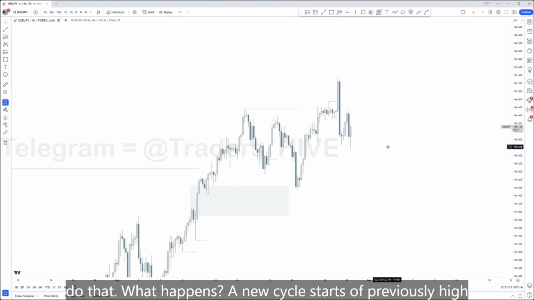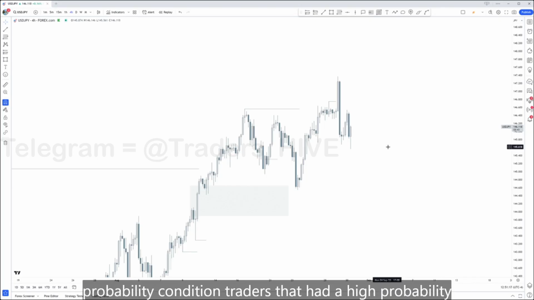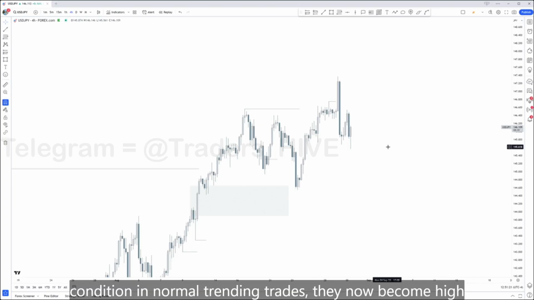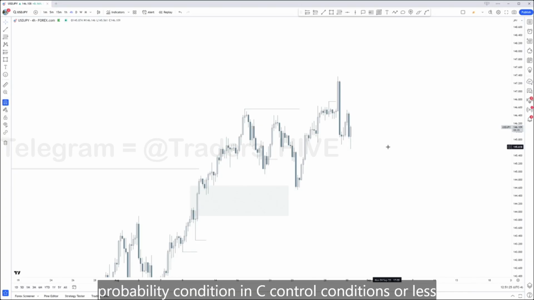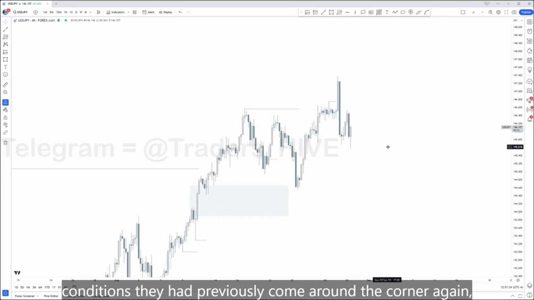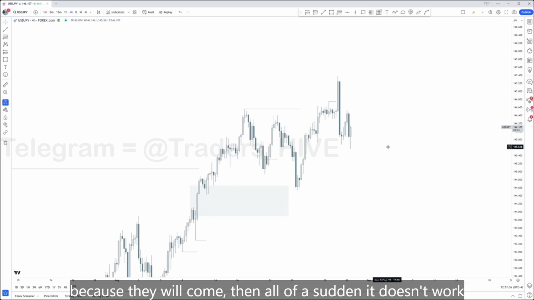What happens? A new cycle starts of previously high probability condition traders that had a high probability condition in normal trending trades. They now become high probability condition in seek and destroy conditions or less favorable conditions. And then when the high probability conditions they had previously come around the corner again, because they will come, then all of a sudden it doesn't work again.